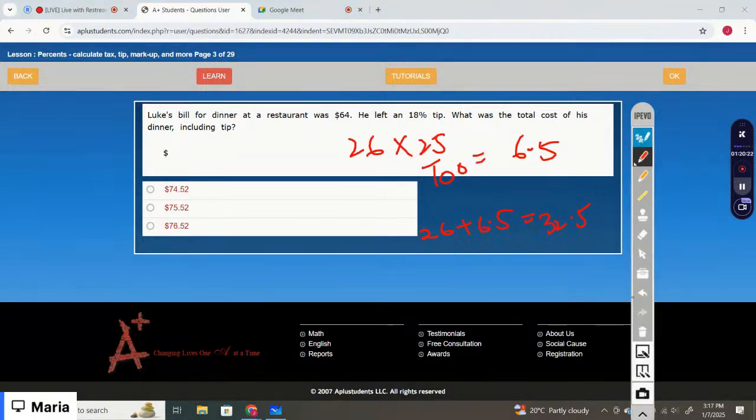So 18% tip. So calculate 18% of 64. So 64 times 18 over 100 is 11.52.